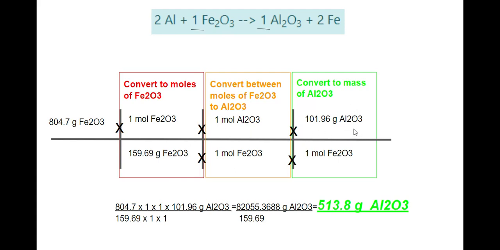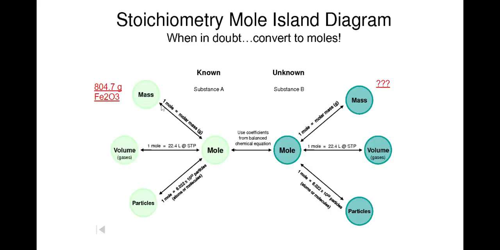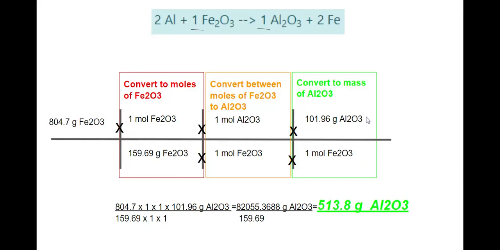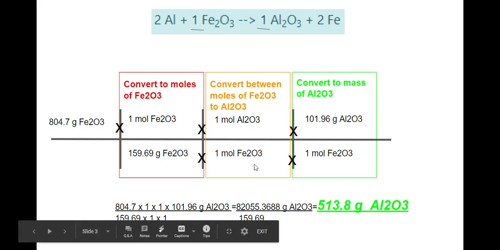So to review again, first, convert mass to moles, which we did in the first conversion factor, and then moles to moles, and then moles to mass, as we did in the third conversion factor. And then you're ready to solve the problem. Just like before, you multiply everything on top, you multiply everything on the bottom, and then you divide the top by the bottom because it's a fraction.